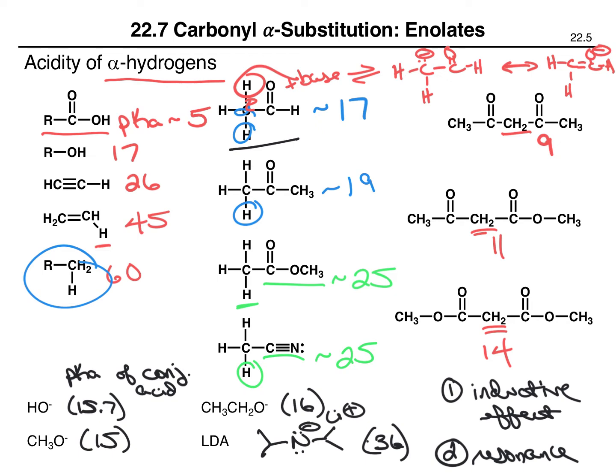With a hydrogen connected to a regular sp3 hybridized carbon, if this proton is removed, these electrons just sit on this sp3 hybridized carbon, and that is very unstable.